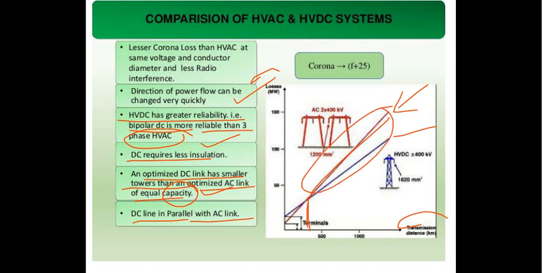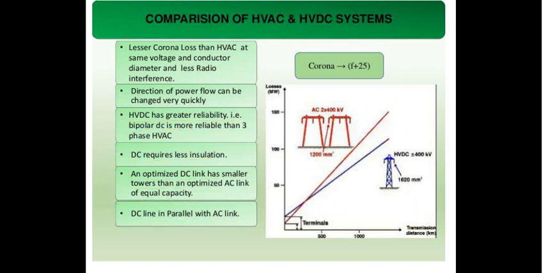But once the distance exceeds a certain value, which I have earlier referred to as 500 kilometers or something like that, then definitely the overall power losses associated with the DC transmission system are much less than that of the AC transmission system. And if you keep increasing the distance, the amount of losses is going to be more and more in an AC system of equally rated capacity with respect to a DC system.